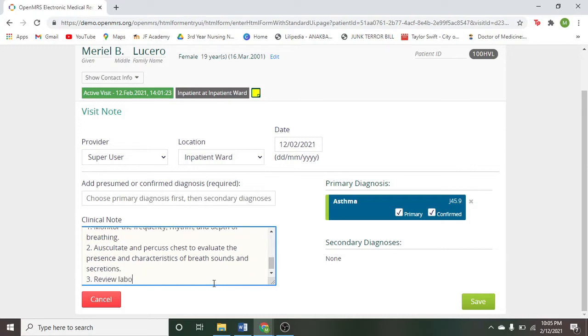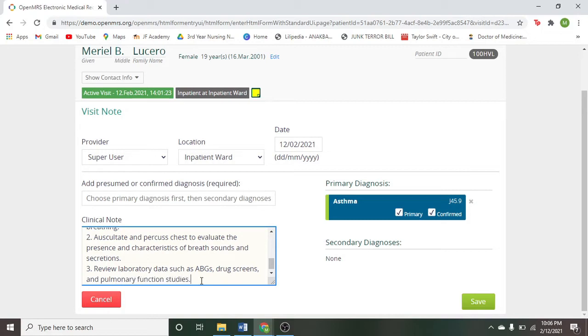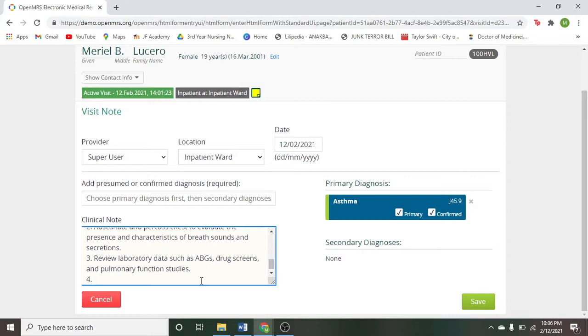Third is to review the laboratory data such as the ABGs, drug screens, and pulmonary function studies. Fourth is to encourage deep coughing and breathing. Fifth is to position the client's chest in a semi-Fowler position for a better airway.